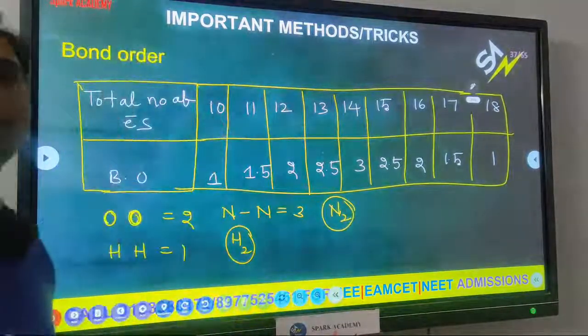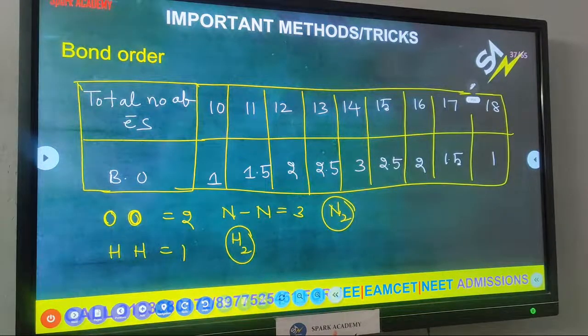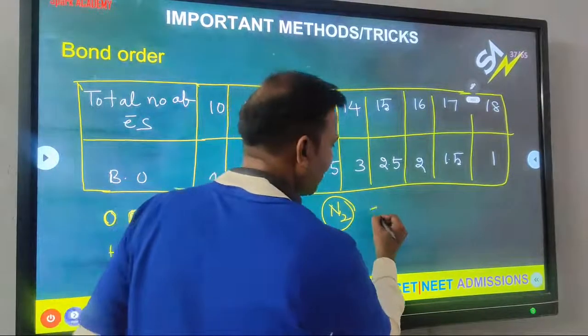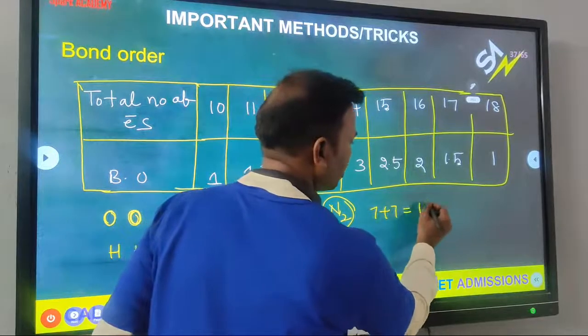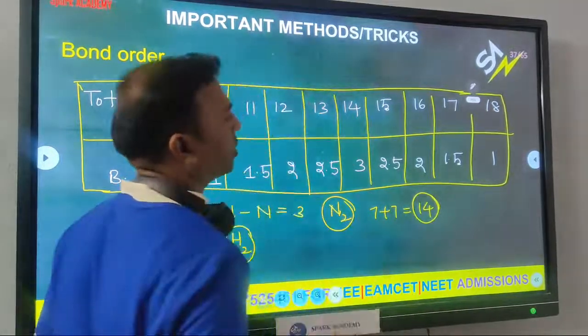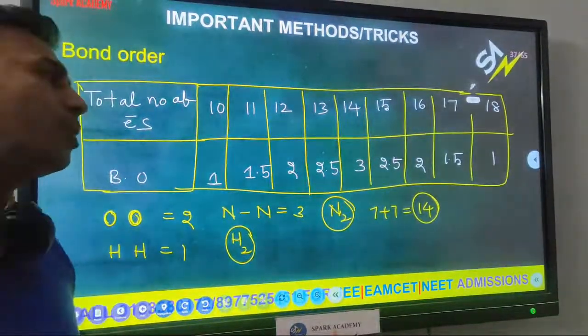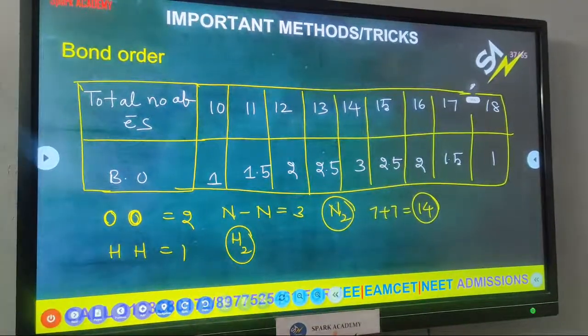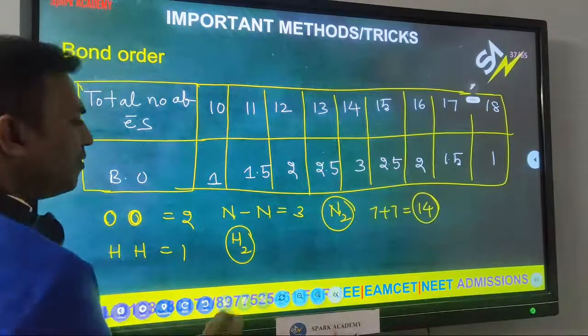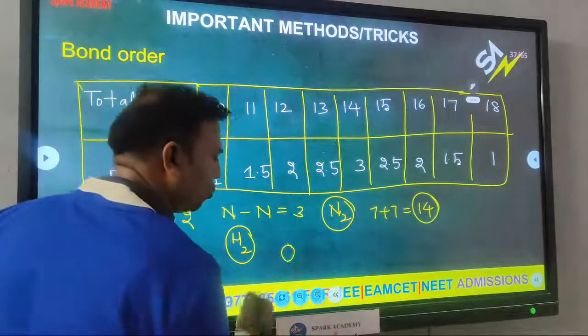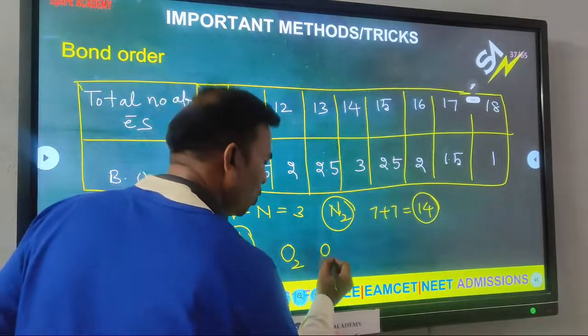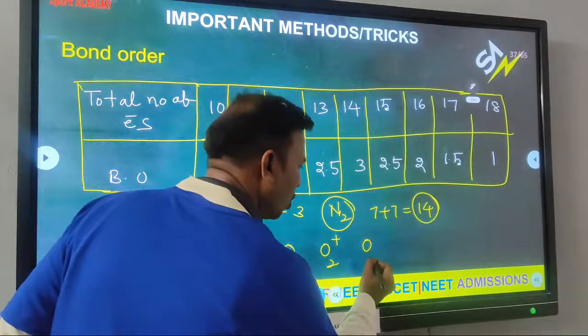How many nitrogens are there? 2 nitrogens. Every nitrogen has 7 electrons, so total 14. What is the bond order of N2? 3.